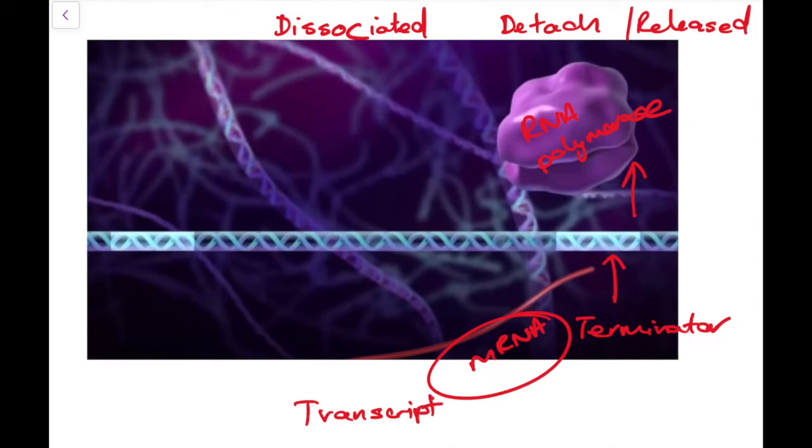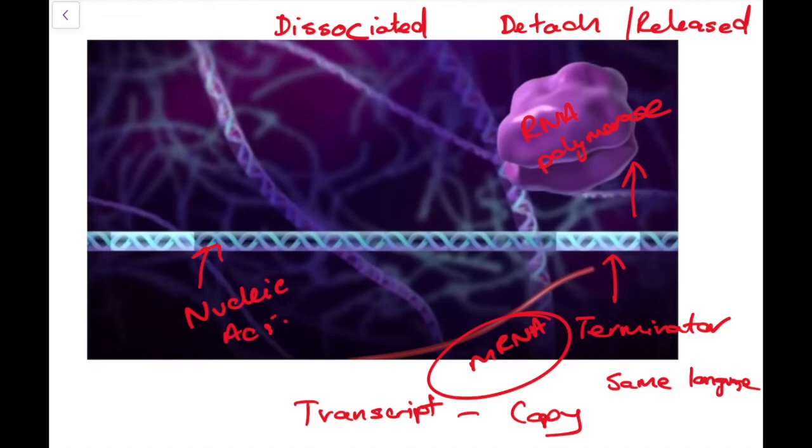That's our copy of the DNA. Now, why is it a copy? How does that relate to what we saw before to do with the language? Well, it's the same language. What language is the DNA in? It's the language of nucleic acids. Deoxyribose nucleic acids.